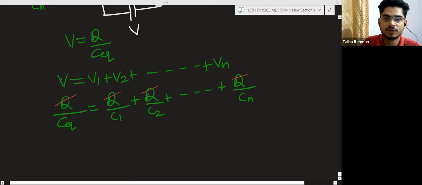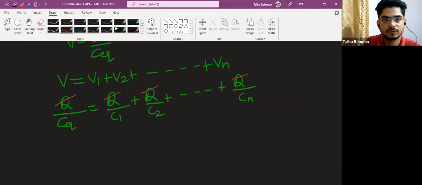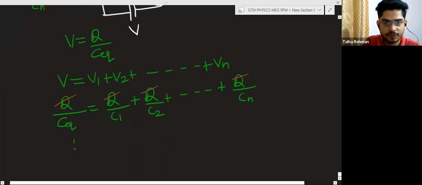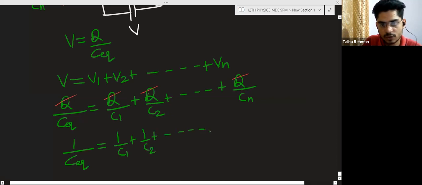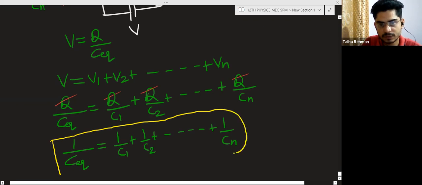So what we have got is 1 upon C equivalent equals 1 upon C1 plus 1 upon C2 plus and so on plus 1 upon Cn. That's how we calculate the equivalent capacitance of a series combination.